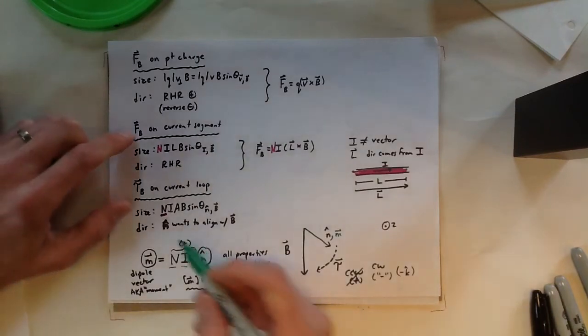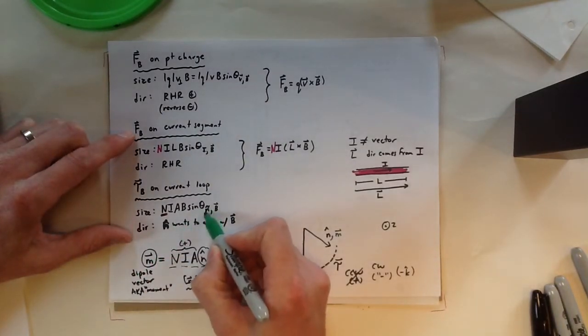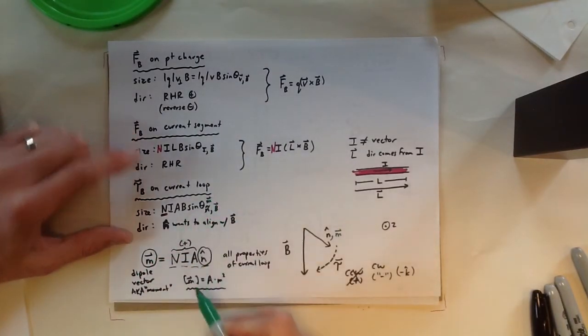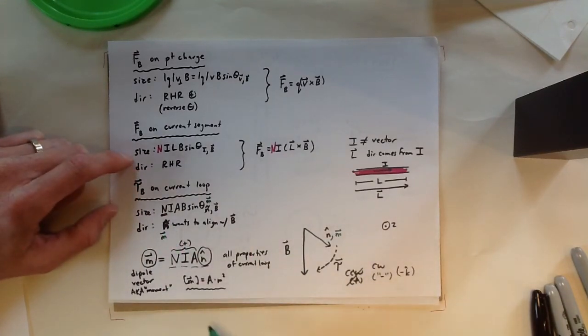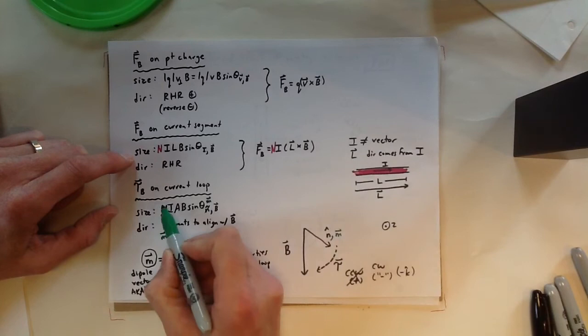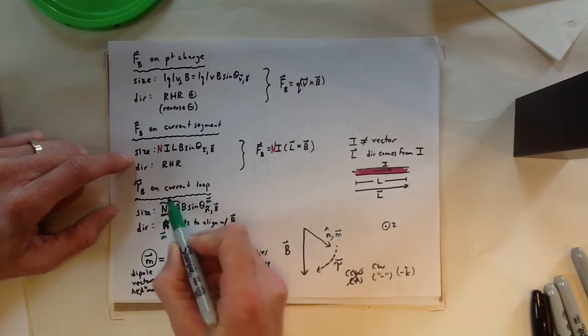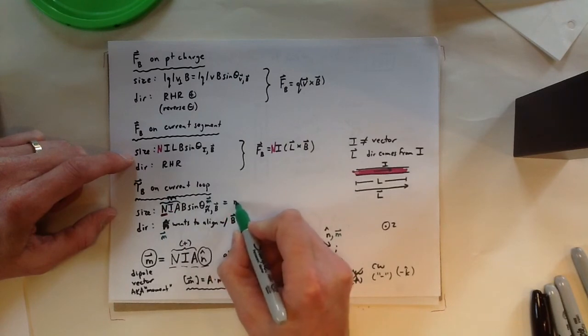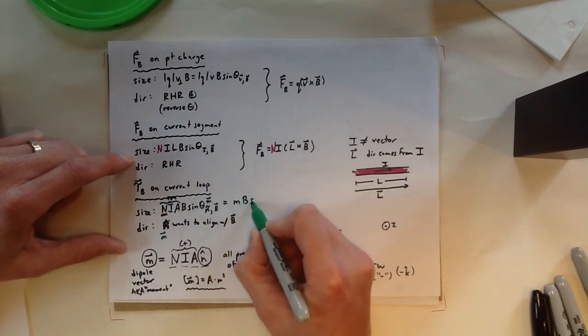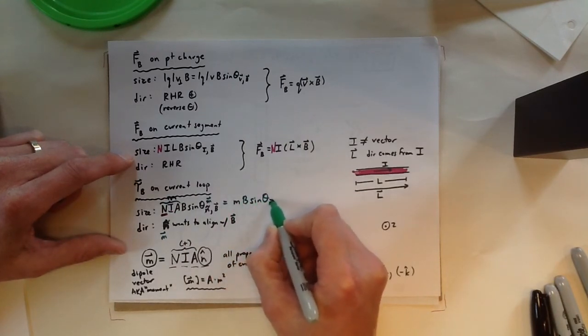And so we can actually consolidate this. Instead of just calling it by the normal vector, we'll call it the magnetic dipole vector here, because they're the same direction. And then notice here, this part, this is the magnitude of that dipole vector. So in this construct, we can greatly simplify this notation.